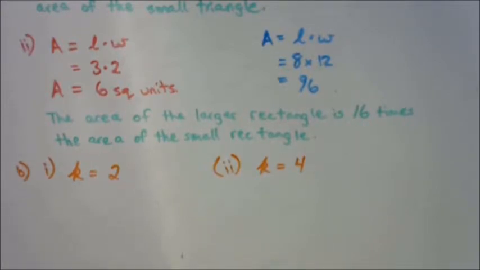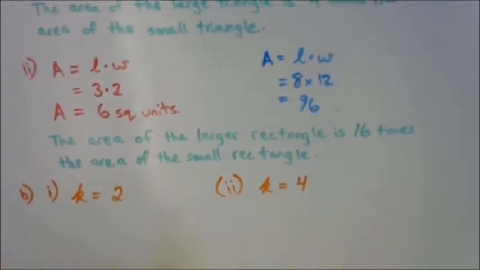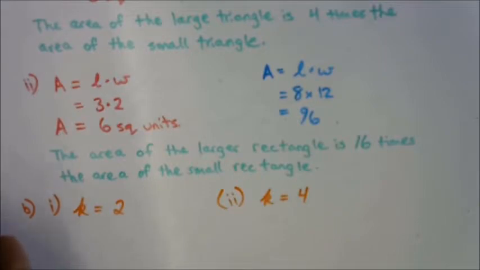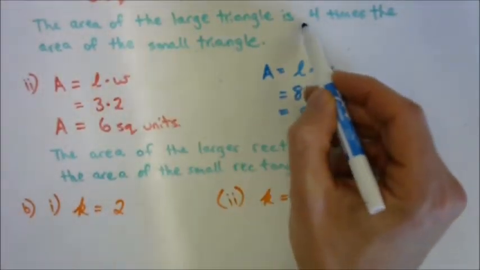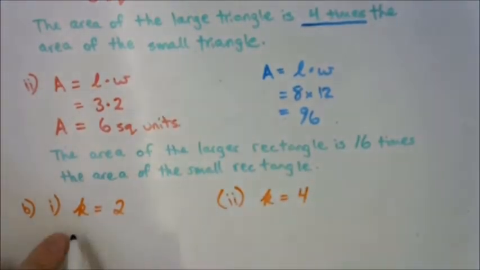C. Now we're taking our knowledge of the factor that we used in area to get from small to big and the scale factor we used to get side length from small to big, and putting it together. It says compare your answers to parts A and B. So let's look first at the triangles. The area of the larger triangle is 4 times, and our scale factor is 2.